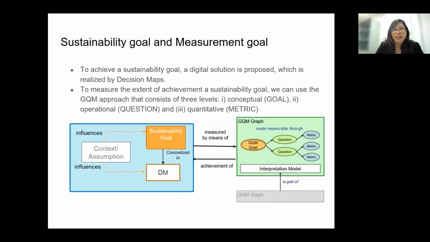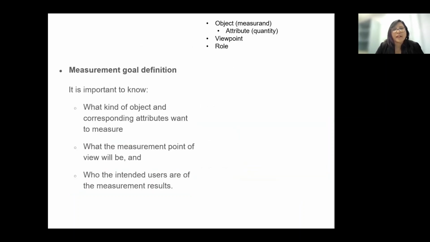Well, let's start with the measurement goal definition. Here it's very important to know what kind of objects and corresponding attributes want to be measured. What are the measurement viewpoints to consider? And who are the intended users, who are going to use the measurement results?